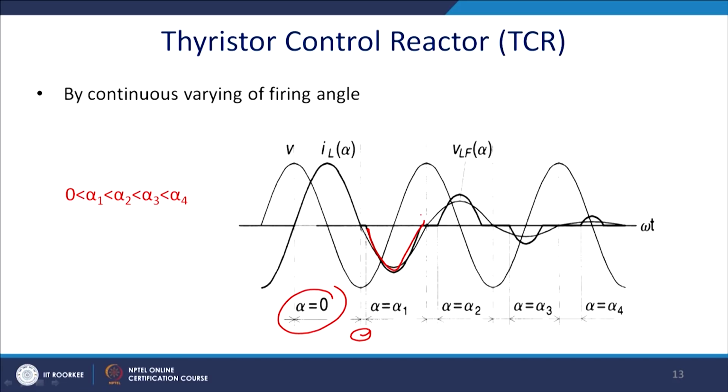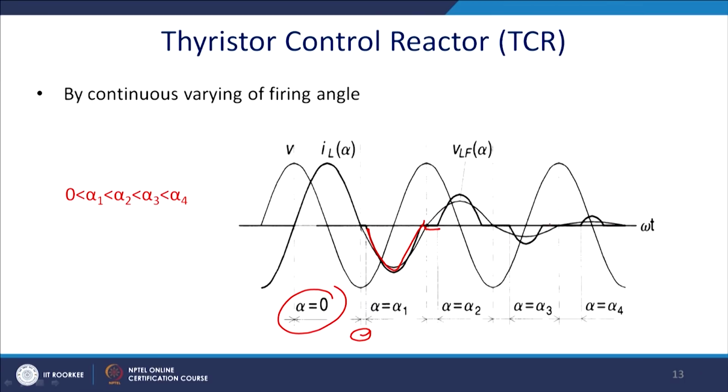Similarly, you change to alpha 2, a little more, so you get this current. So, you can dynamically control the reactive power required in every cycle by changing alpha. Accordingly, you can see that this is the current, and ultimately this current comes out to be this. So, gradually it is damping, it can act as a damper.